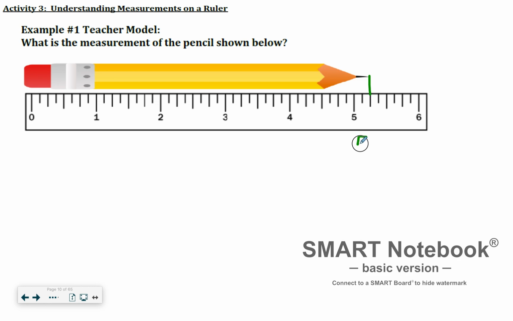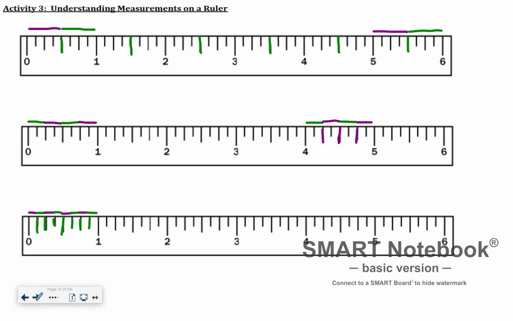So it's 5 inches and a 1/4. So you would say that as 5 1/4 inches. Remember, we divided the rulers up and it happens to land on 5 1/4 right here.